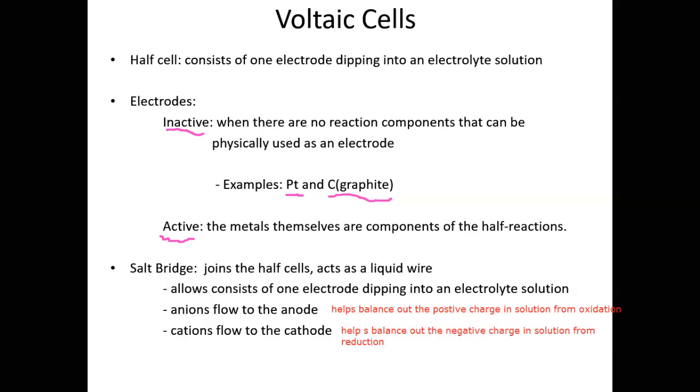If you don't have a good salt bridge, your electrochemical cell will not work. This is a very common issue in electrochemistry lab, at least when I've taught it. After a few seconds or a few minutes, the cell stops working because you've got to have that salt bridge to balance out the ions.